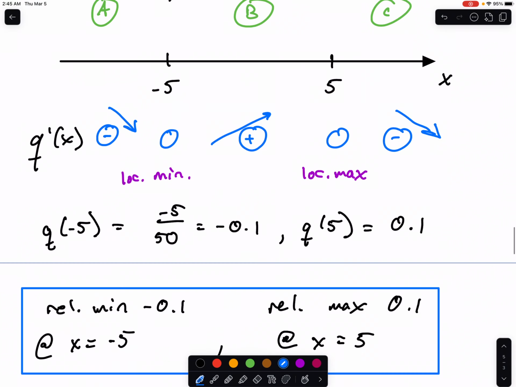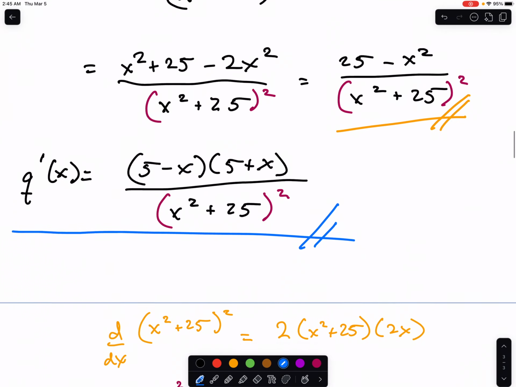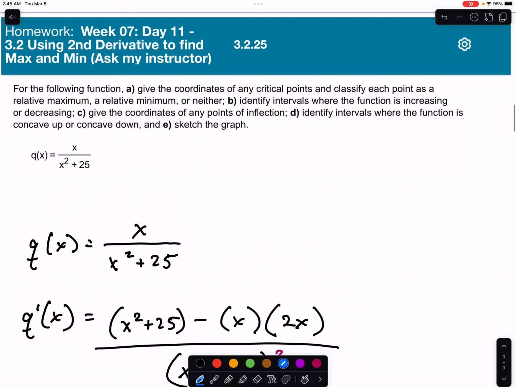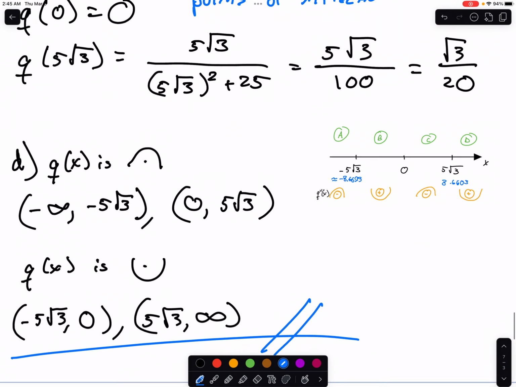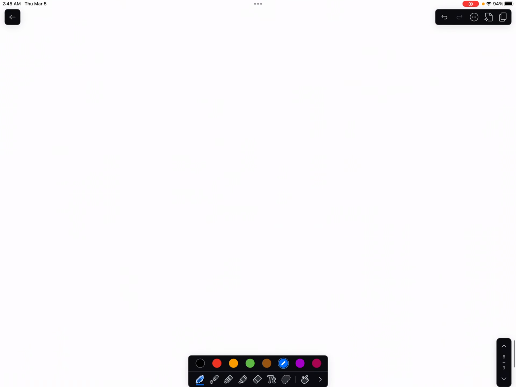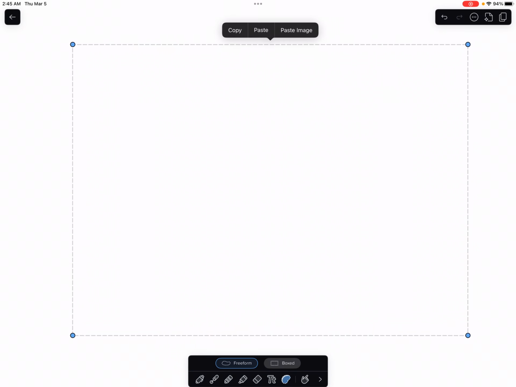And then I think the final thing is to put all this together. Graph it. Sketch the graph. So what I'll do, see if I can get my graph paper going. I need a text box.